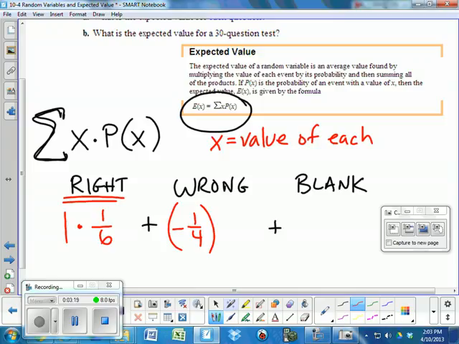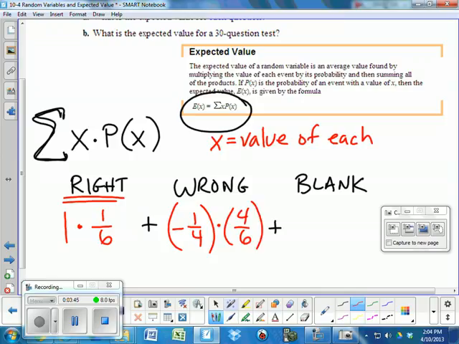What's the probability of getting it wrong? How many of those outcomes out of 6 are wrong answers? 4 of them. Because one of the choices is right. One of the choices is blank. So how many are wrong choices? 4 out of 6.